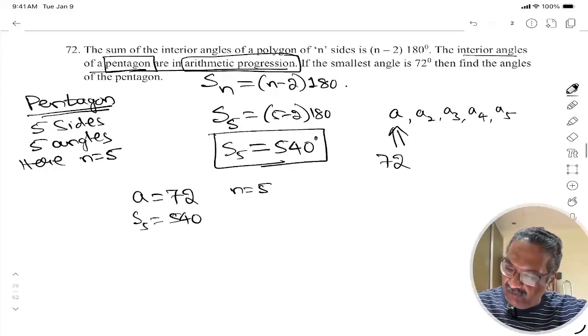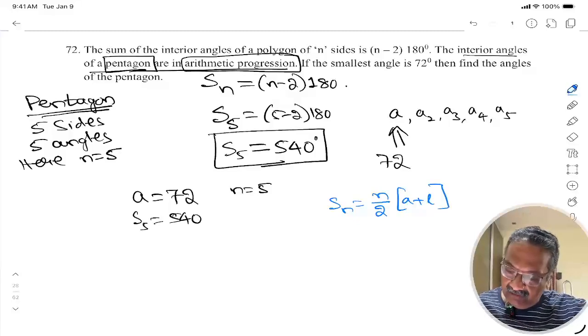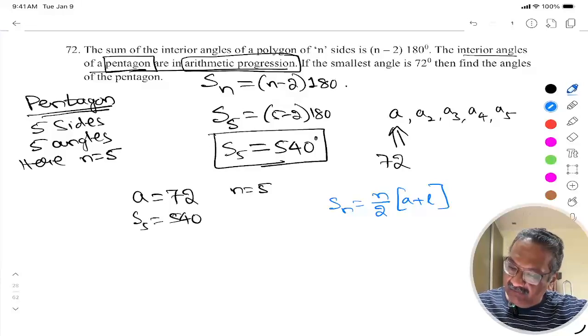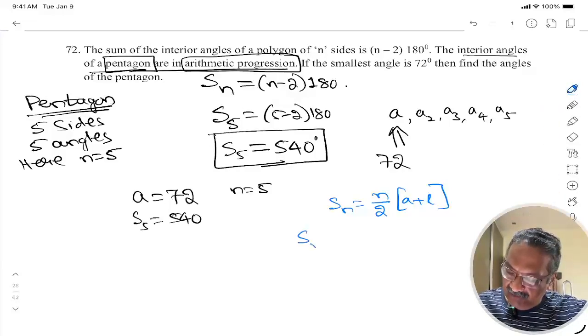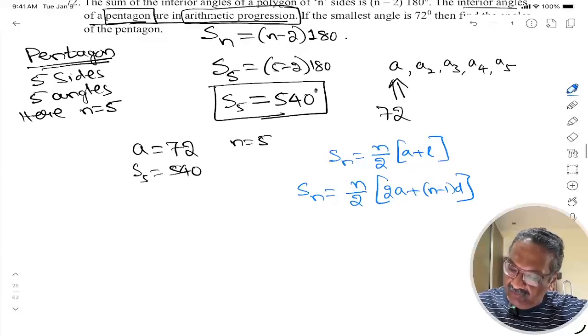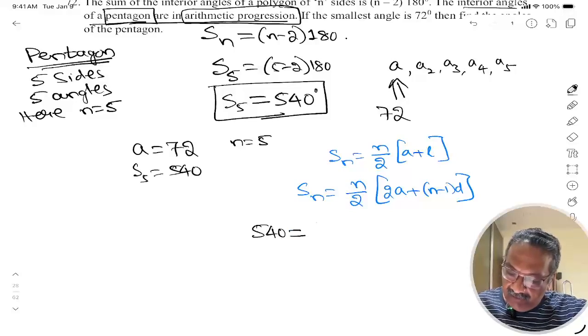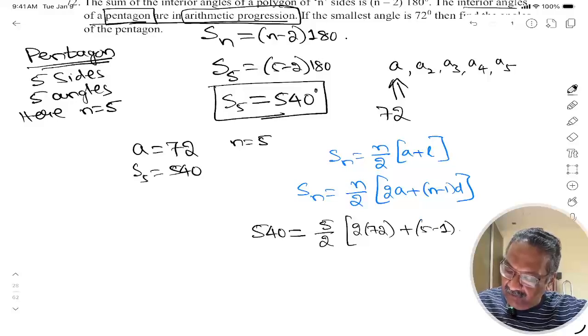Now we use the formula Sn is equal to n by 2 into a plus l, last one, or better still we can use the other known formula, that is Sn is equal to n by 2 into 2a plus n minus 1 into d. So we have Sn to be 540 is equal to n by 2, n is 5, divided by 2 into 2 into 72, that is 2a, plus n is 5 minus 1 into d.